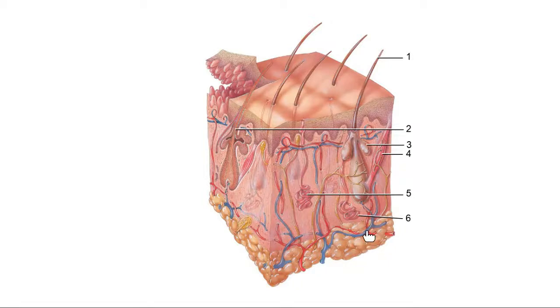The hypodermis or subcutaneous fat is not actually a part of the skin, but it's located beneath the skin and it's full of adipose tissue. In this picture, you can see the hair follicle and the sebaceous gland which opens to the hair follicle. You have the arrector pili muscle which can contract and erect the hair.